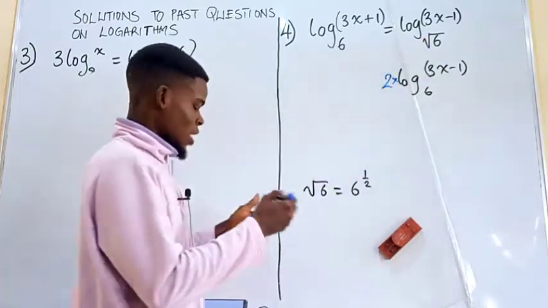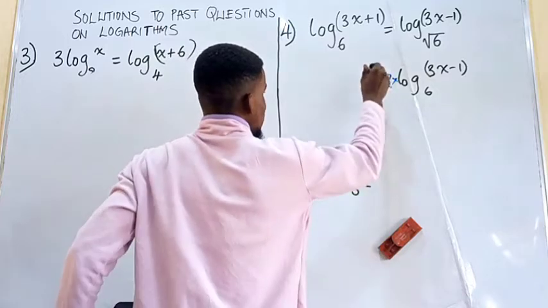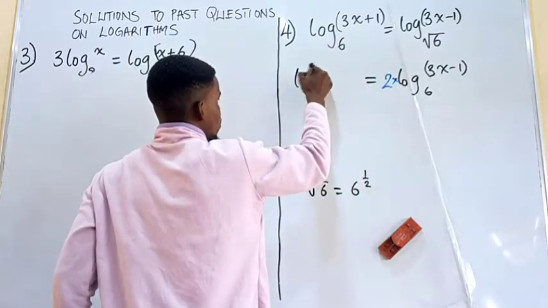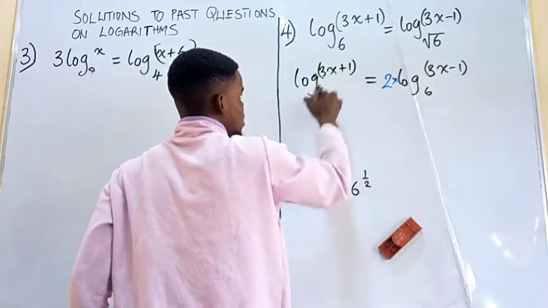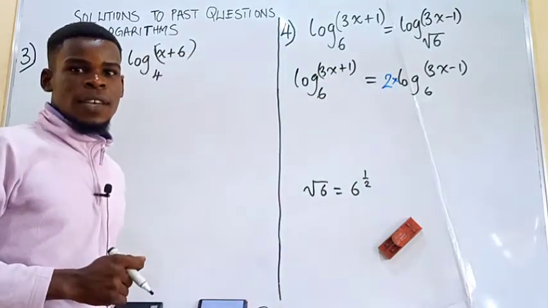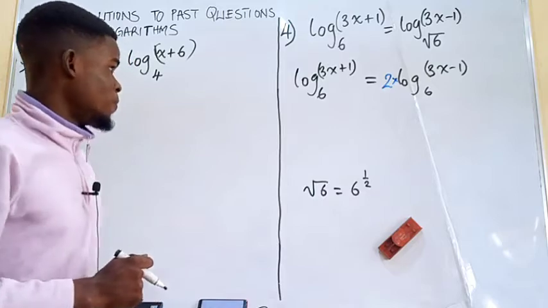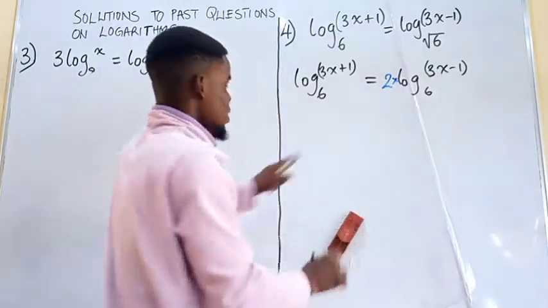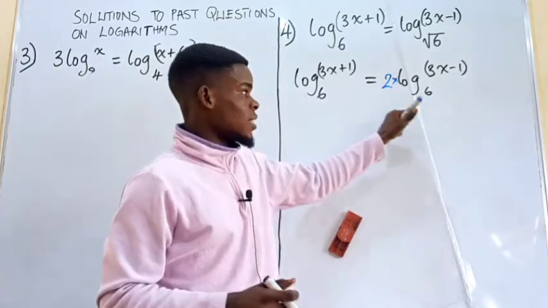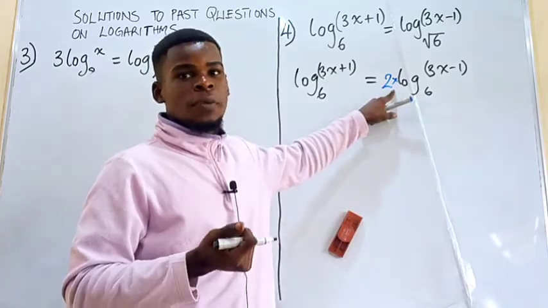Now for the left hand side, we are just going to have the same thing. Let me bring it down: the logarithm of 3x plus 1 to base 6. Very nice. Now, I have seen that the bases are the same. It's just that this has a constant multiple, which is 2.